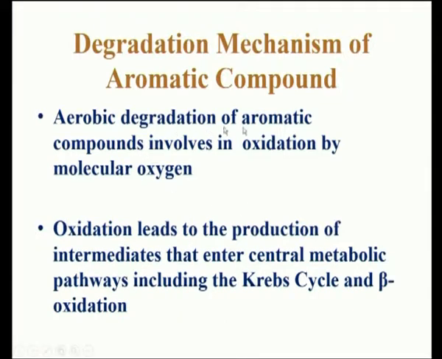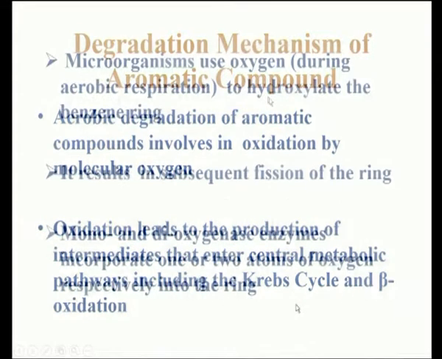Aerobic degradation of aromatic compounds involves oxidation by molecular oxygen. So, molecular oxygen O2 reacts with the aromatic compound and undergoes an oxidation reaction, that is how it gets degraded. Oxidation leads to the production of intermediates that enter central metabolic pathways, including the Krebs cycle and beta oxidation.